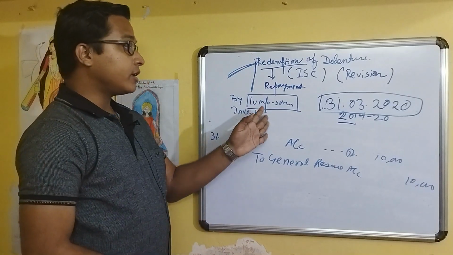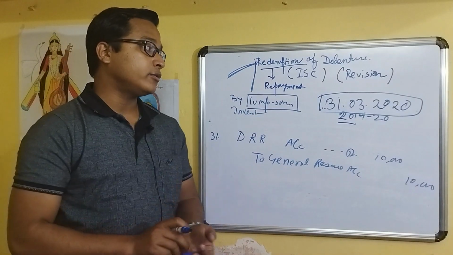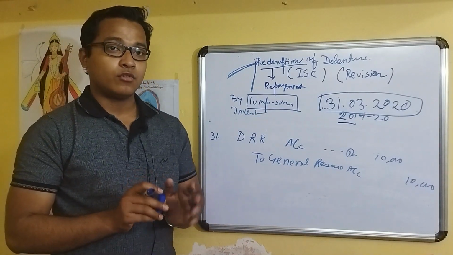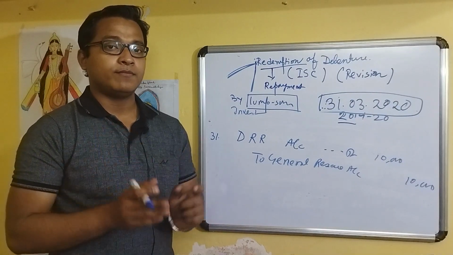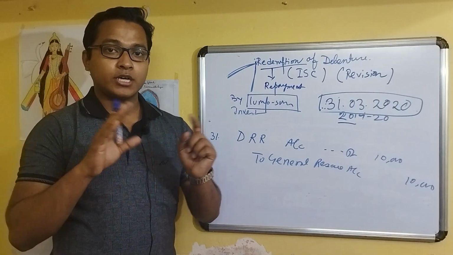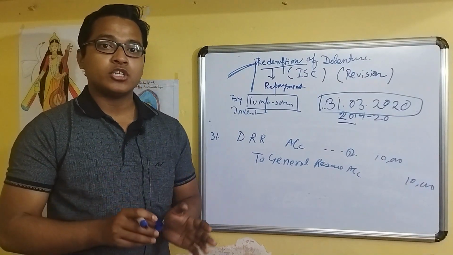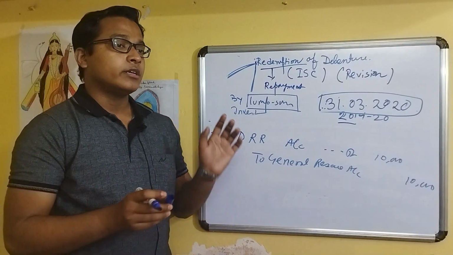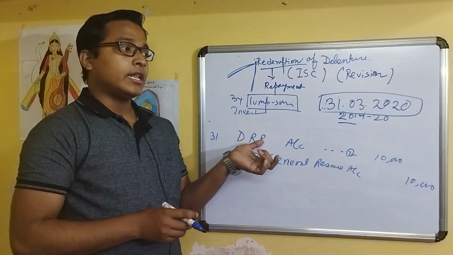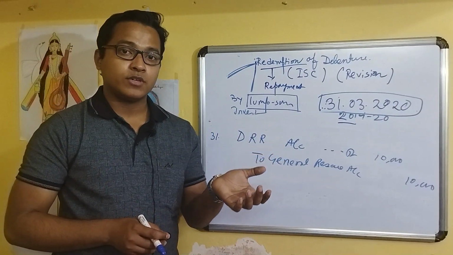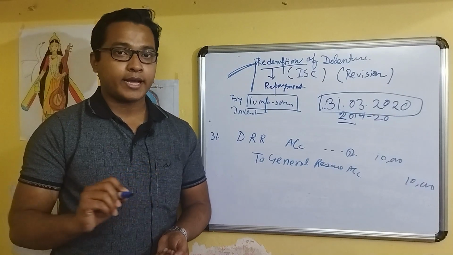The first journal is on 30th April 2019, for investing 15% of the total debenture value into the debenture redemption investment account, that is 15,000. The journal is debenture redemption investment account debit to bank.